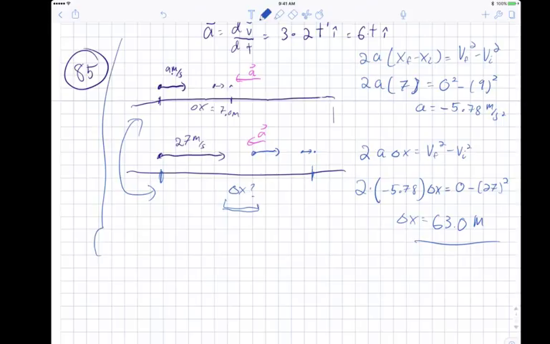So all I was saying here is that your initial velocity is big, and then it slows down to a stop. There's that motion diagram. And so we're given the initial velocity and the distance it takes. And then the second part of the question, we're saying, what if this acceleration is the same? The initial velocity is much bigger, so it's going to take a longer distance to come to a stop.